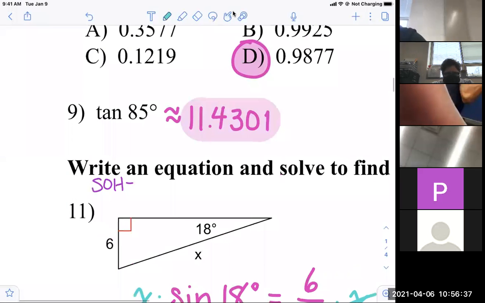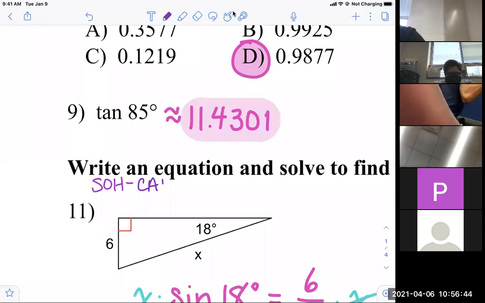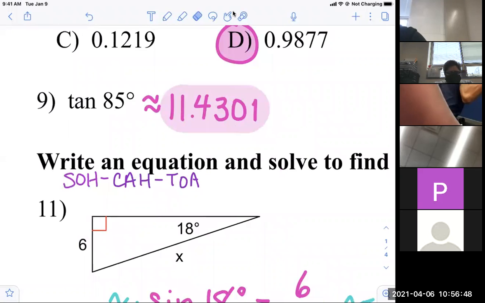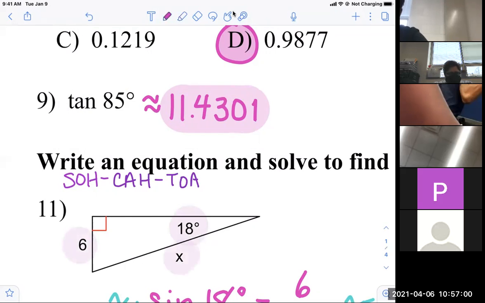let me put that back in there. So, okay, when you look at number 11, you got an 18-degree angle, you have the 6, and you have the x. First thing we should do is go ahead and label those sides. So across from the 18 is 6, so that's your opposite.